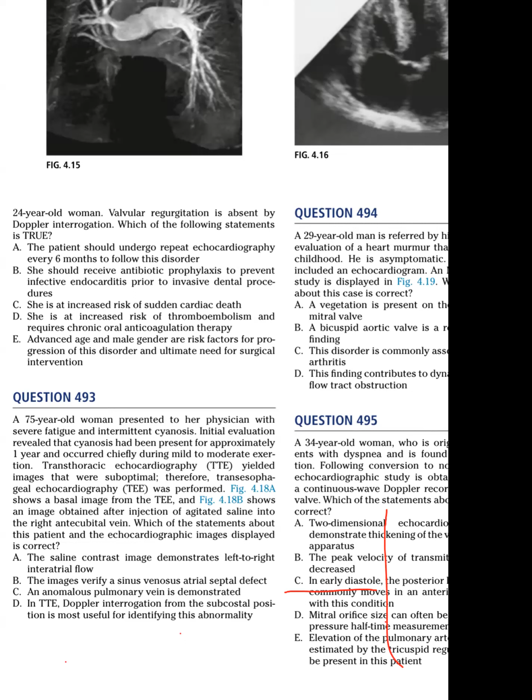That is not correct; the flow that we saw is from right to left. B, the image verifies a sinus venosus atrial septal defect. That is also not correct, because there you would see a communication between the left atrium and the superior vena cava. C, an anomalous pulmonary vein is demonstrated. Also not correct. And D, in TTE, Doppler interrogation of the subcostal position is most useful for identifying this anomaly. That is very correct.